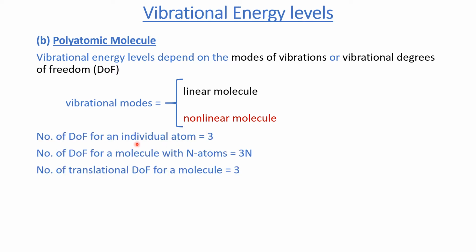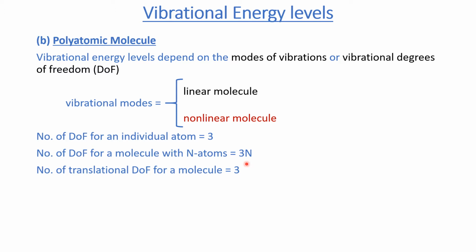If we have an individual atom, there are 3 degrees of freedom associated with translational motion along 3 different directions. So if there are n atoms in a molecule, the molecule will have 3n degrees of freedom, because there are 3 degrees of freedom associated with each atom.